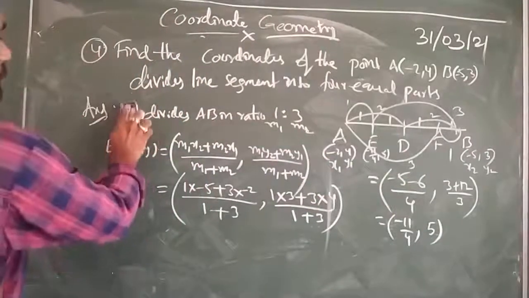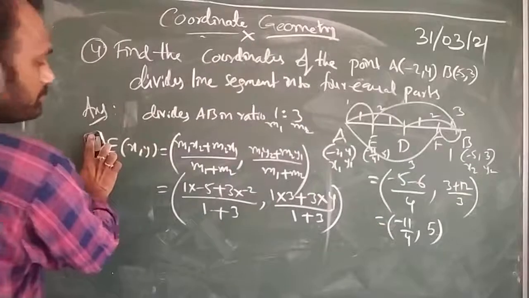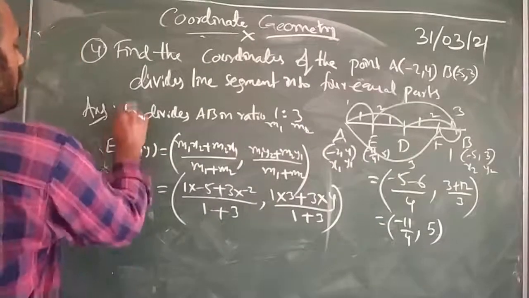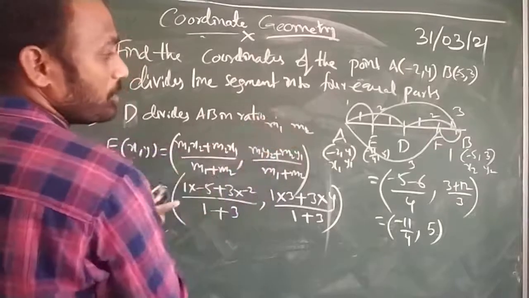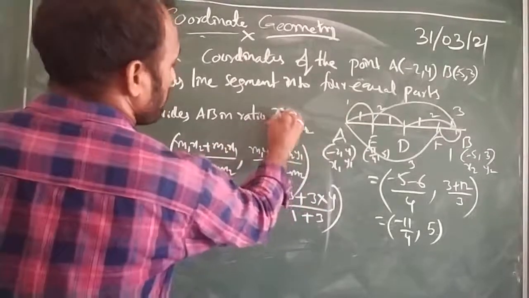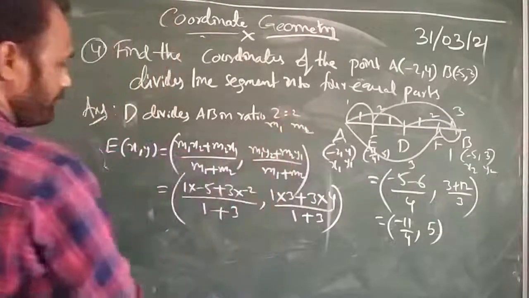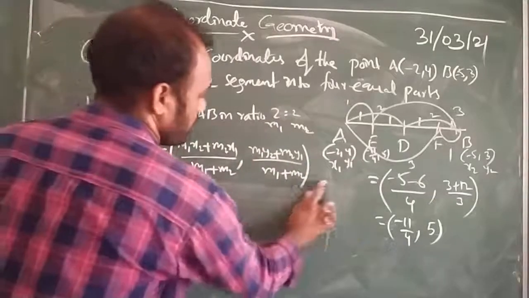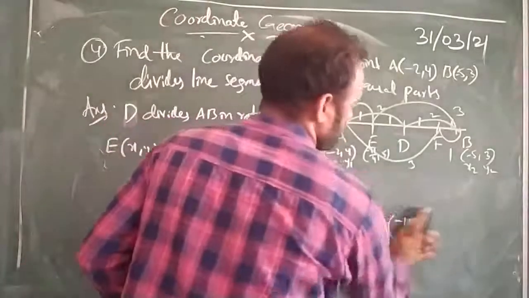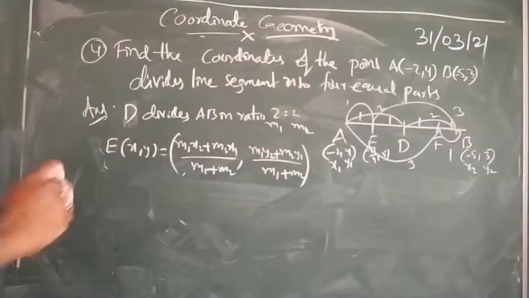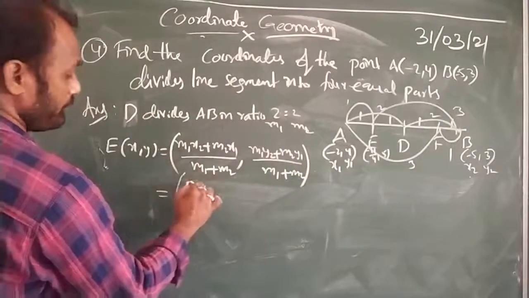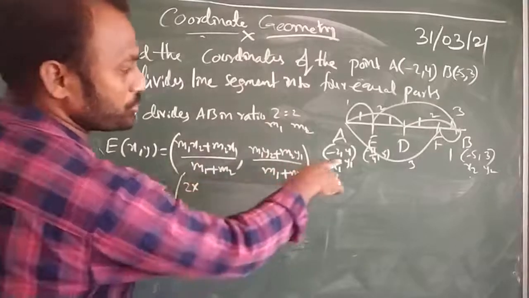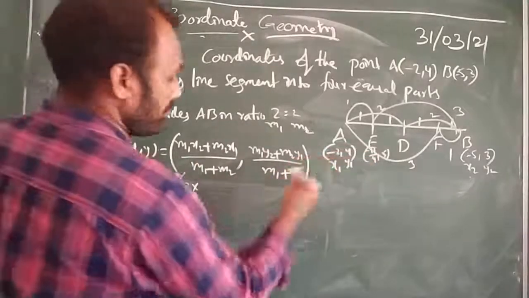Next, let us start with D. So D divides AB in the ratio, what is the ratio? 2:2 we got here. So let us substitute the values here. M1 is 2, so 2 into x2, x2 will be minus 5.